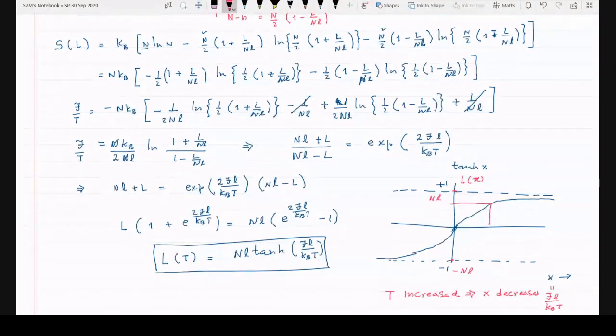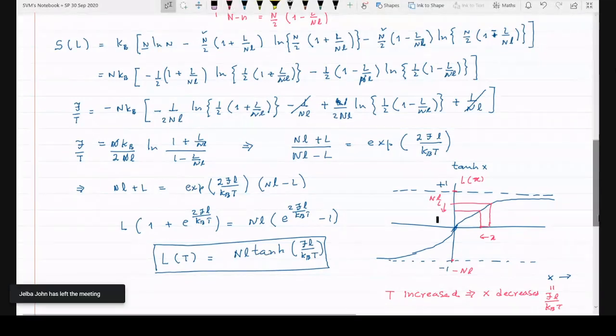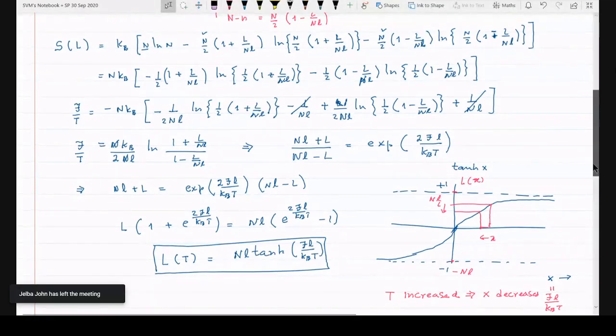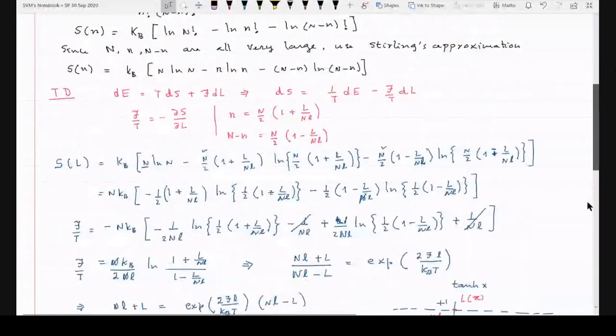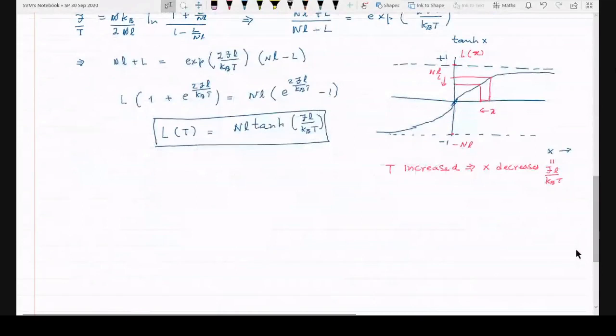Now if x is decreased to this point, then the length of the polymer also decreases. So if x goes from here to here, then L goes from here to here. And this is why that shrinking takes place. This is the reason why a polymer like this rubber band actually shrinks when you heat it.